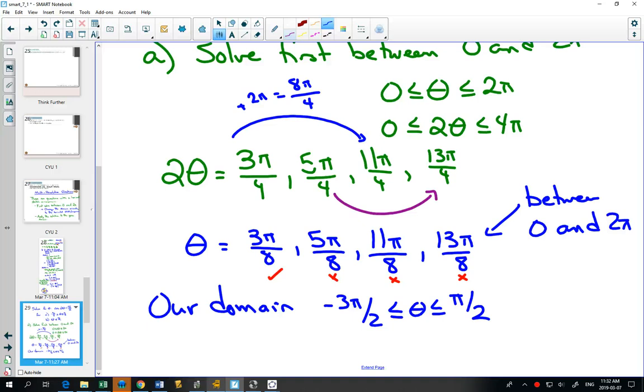Because I can go up to pi over 2, and pi over 2 is equal to 4 pi over 8. So can you see that that's why 3 pi over 8 is the only positive one we could have? Does it make sense that this answers in quadrant 2, this answers in quadrant 3, and this answers in quadrant 4?